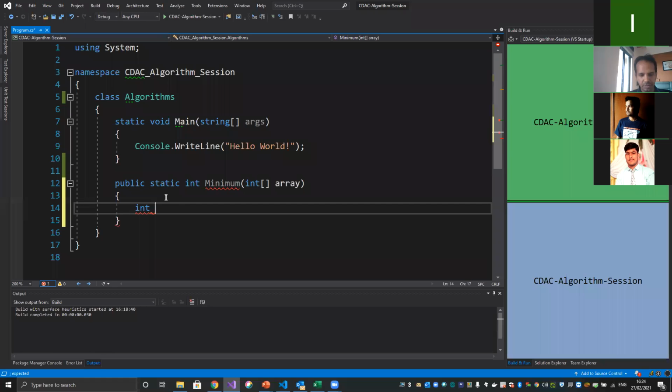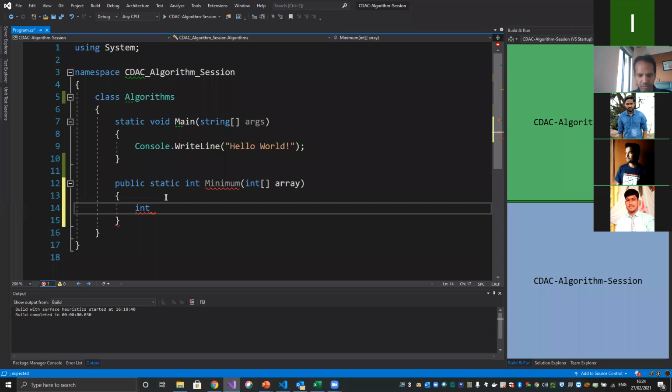Anything, like int res, result. It's not a result, is it? A result is the outcome of a computation. Yes, sir. So what is this variable holding? The 0th element. Okay, so what should I call it?